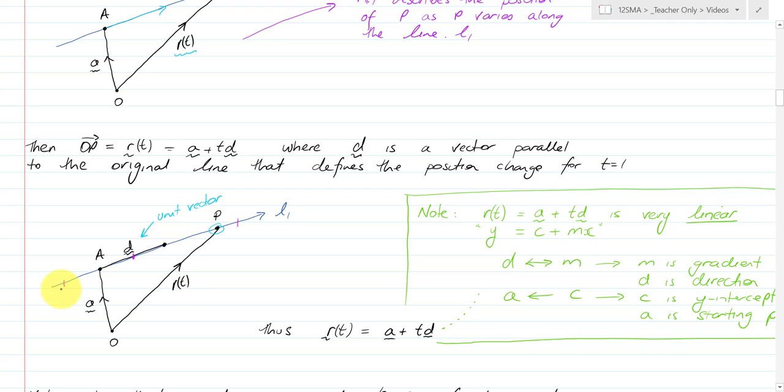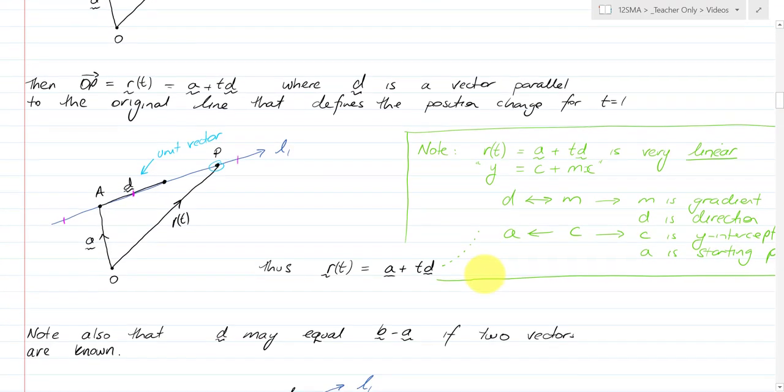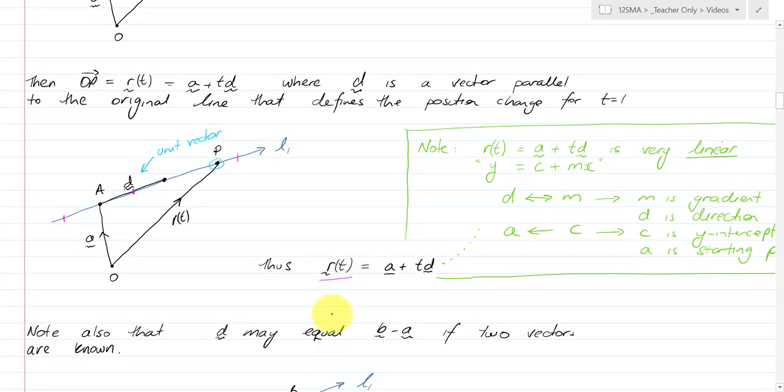Either way, our position is always on L1 because vector A takes us from O to the line at a specific point, capital A. And then D, because it's parallel to L1, just continues to take us to different points on the line. So this works well. And so what we write is RT here is the position on line L1, which is represented as A plus TD.